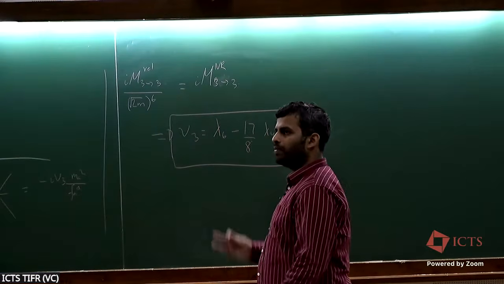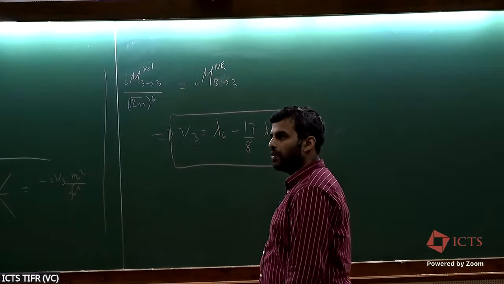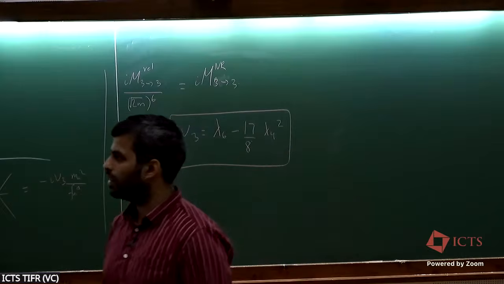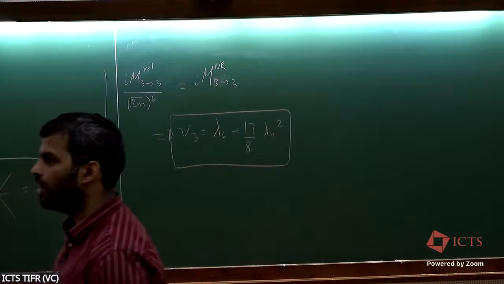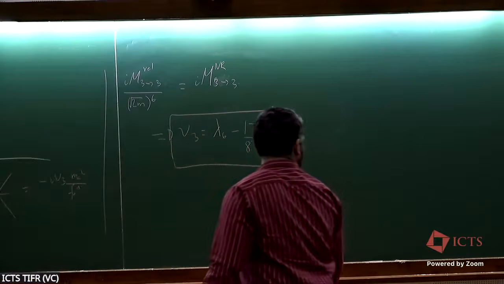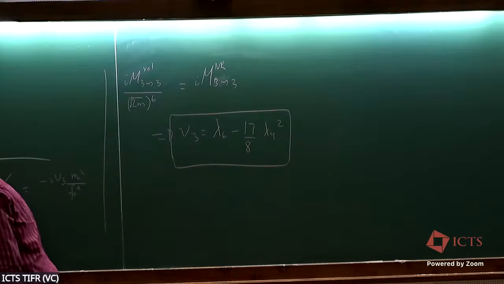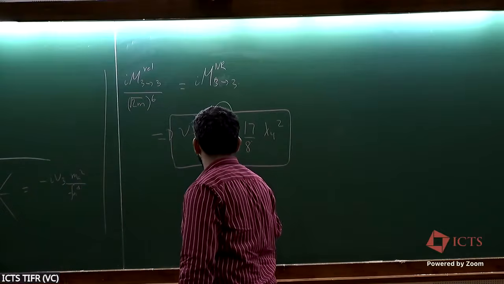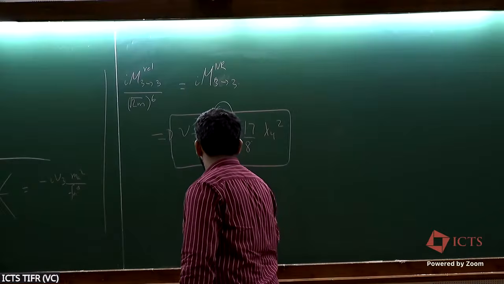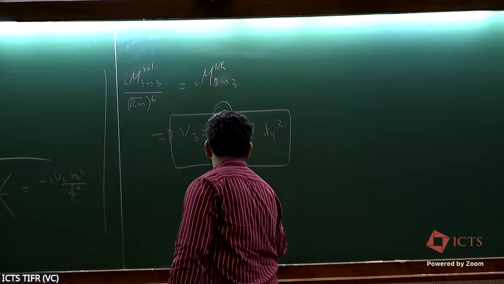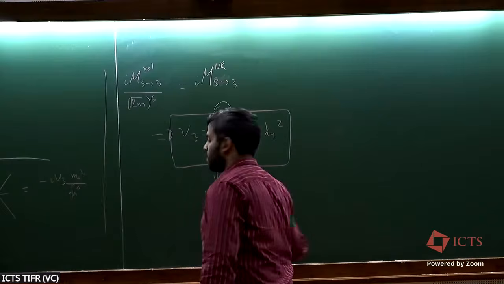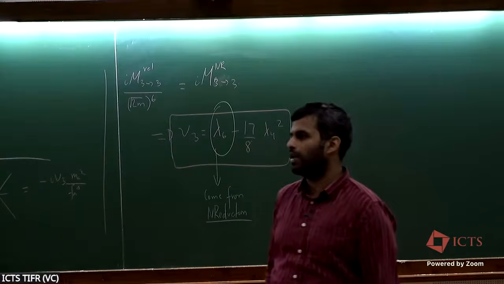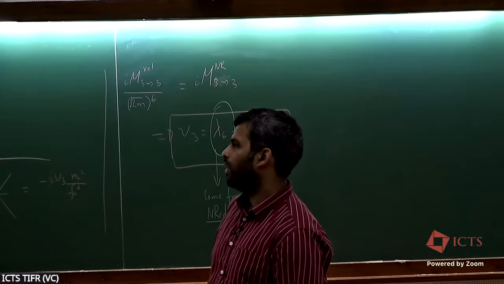So what was the goal of this matching calculation? The goal was, if I had done the non-relativistic reduction with the expressions that I have written there, I would only end up getting the lambda 6 term. This will come from non-relativistic reduction, but this term won't come up in that simple algebraic computation.